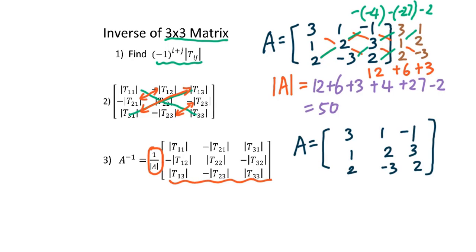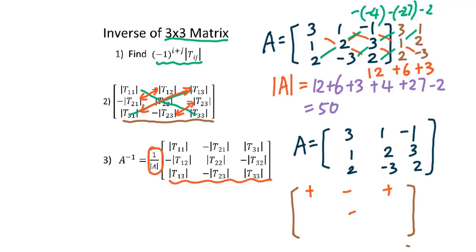Then let's go to step 2. First of all, remember for the diagonal line, it will be positive. If it's not on the diagonal line, it will be negative. So we get something like this. Put the sign first, positive or negative.